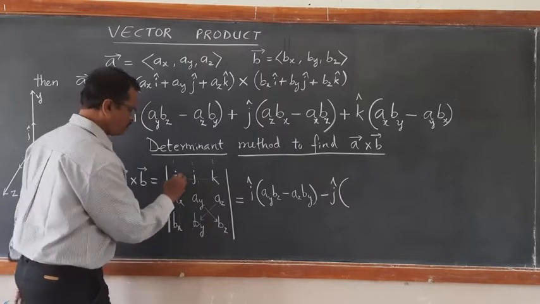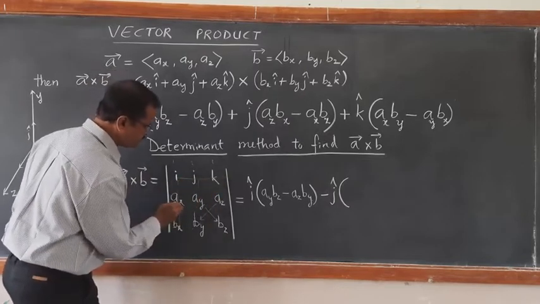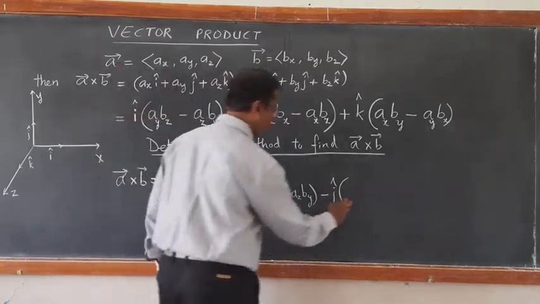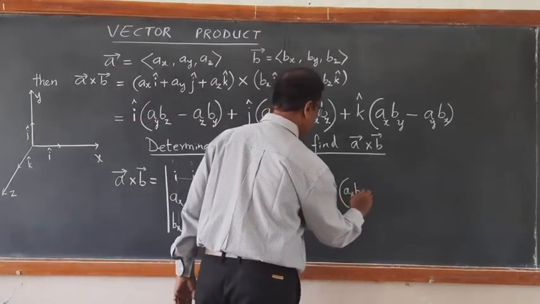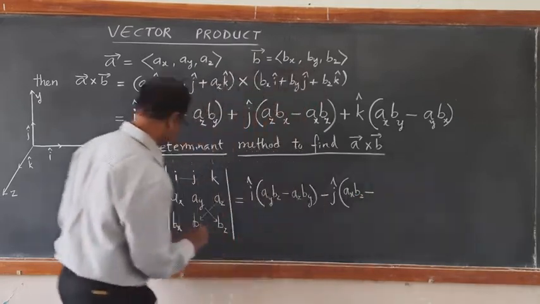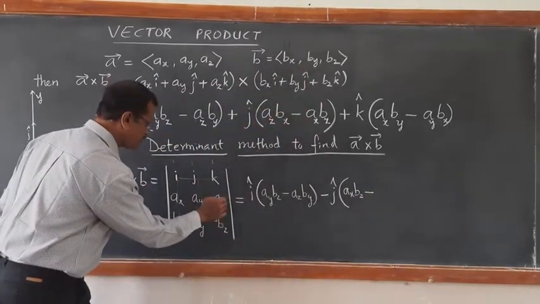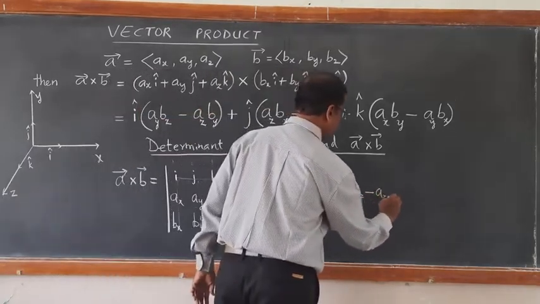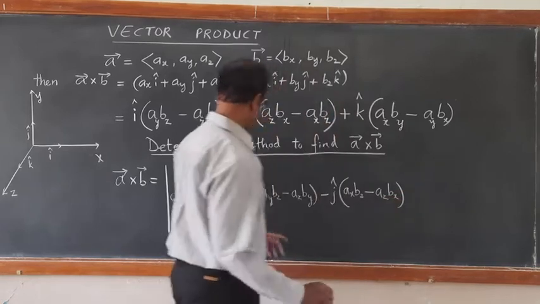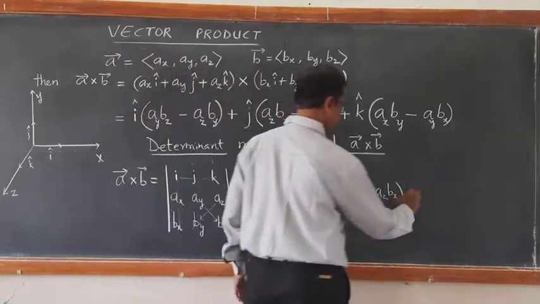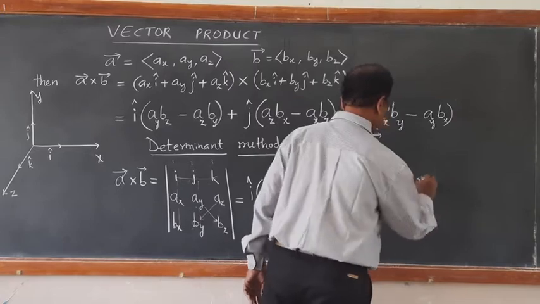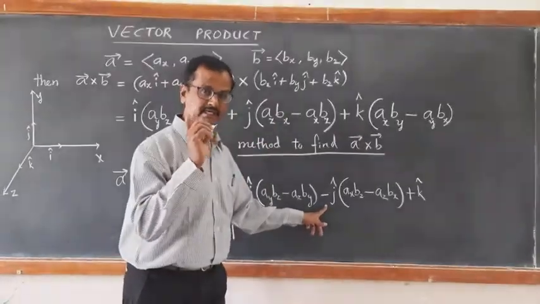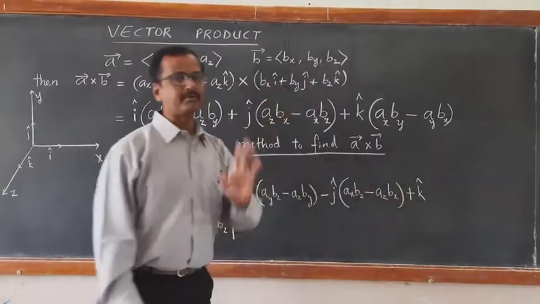Then you are left with Ax, Bz minus, in the same order, Az, Bx. Plus, the last one is again plus. So remember, the first term is positive, the second term is negative, the third term is again positive.